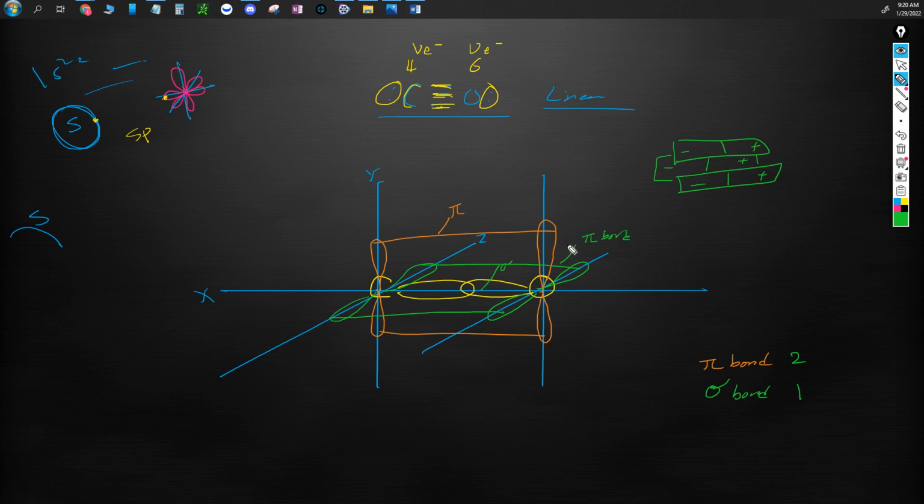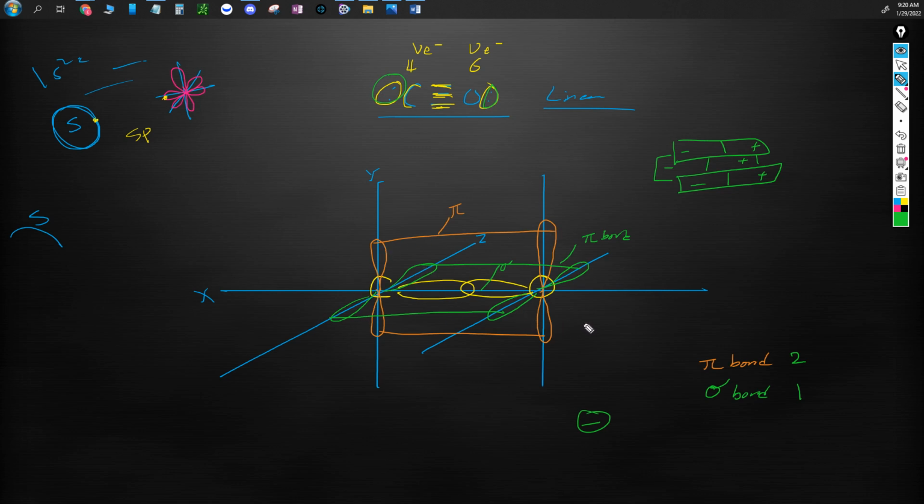Remember, let's start over. Remember, all the electrons are repelling each other, right? Because they are all negatively charged. Because of that, they want to occupy different dimensions to form a bond. We have two more electrons who want to come in, but you can see the electrons are already occupying this space.